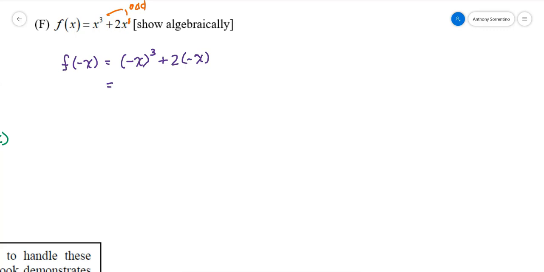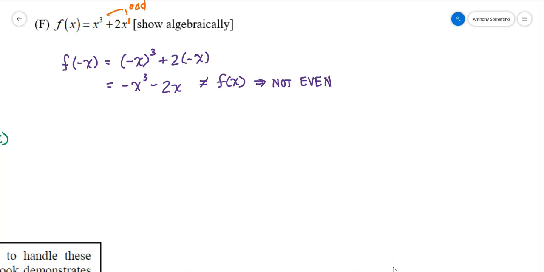X squared times negative x is going to give me a negative x cubed. And of course, a positive 2 times a negative x is going to give me a minus 2x. So I can say for certain that this does not equal the original f of x. And I can conclude as a result this is not even.